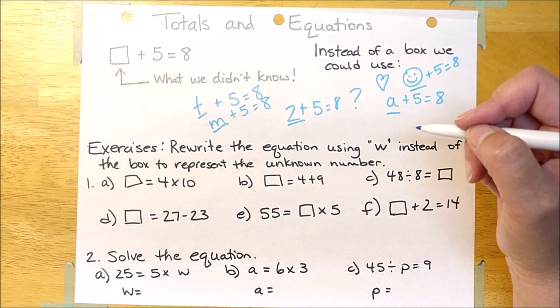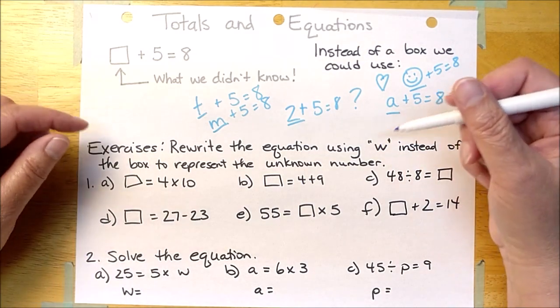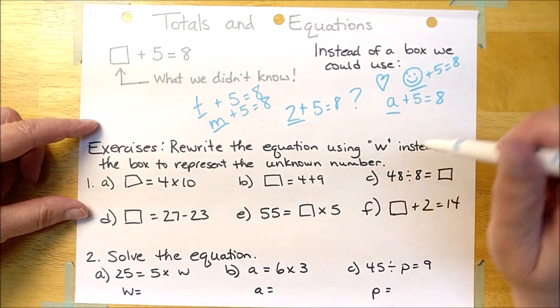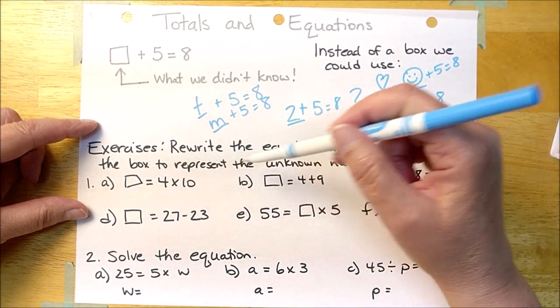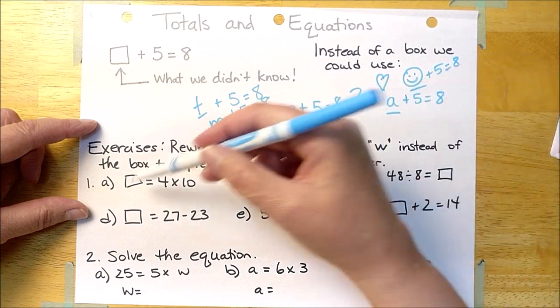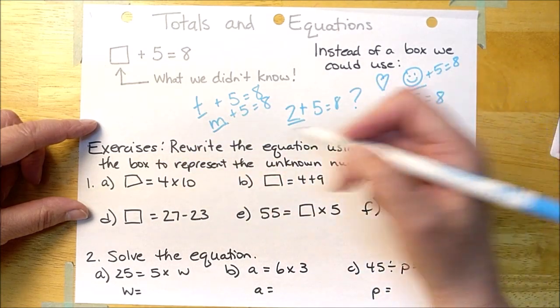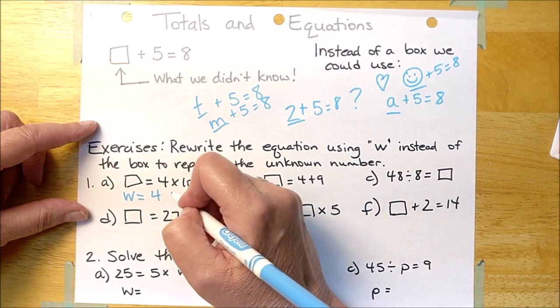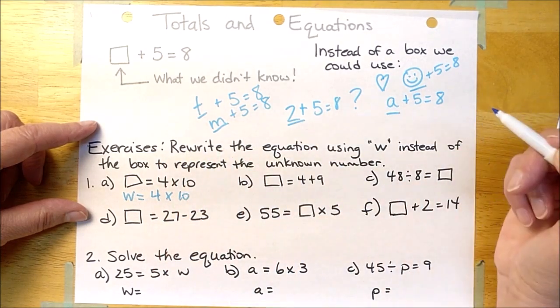That's all that is. So what they would like us to do is to rewrite these equations using a W instead of the box to represent the unknown numbers. So if this was mine, I had to use a W instead of the box. I would say W equals 4 times 10.